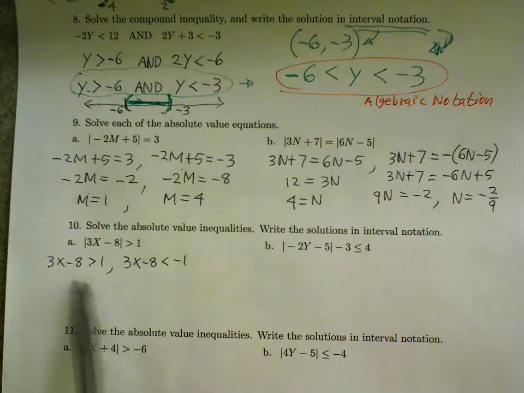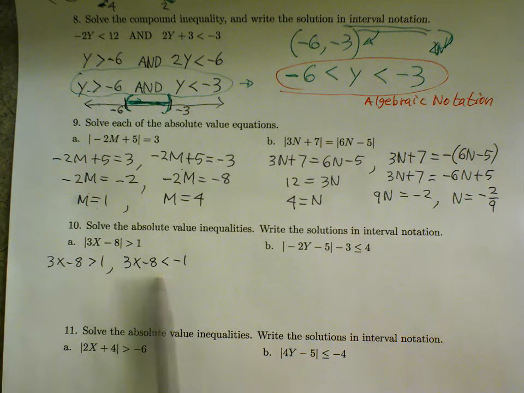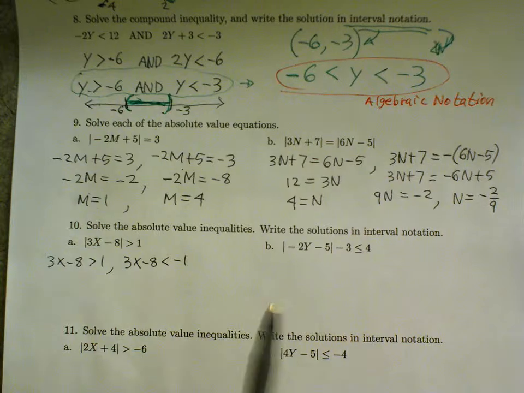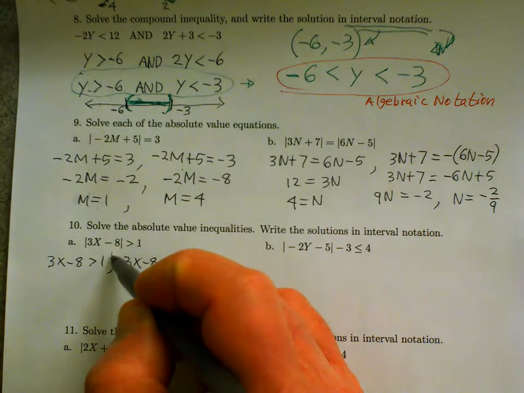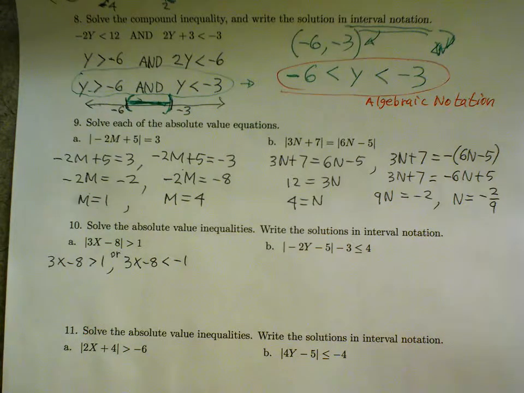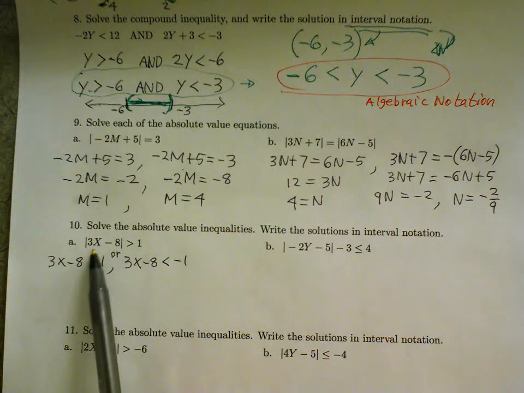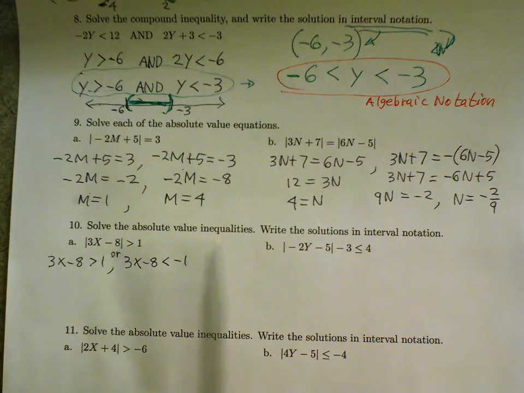And we solve each of those. So in this case, the word or is going to separate these two inequalities. Is it clear why we're using the word or? Just think of the 3x minus 8 as a number, because that's what it represents.